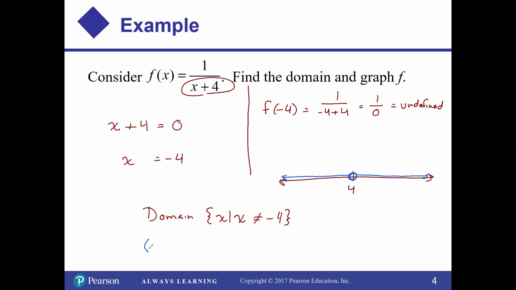So my domain covers from negative infinity up to -4, then we go to the other side, -4 to infinity. We put a union in between to signify that these two sets go together to represent my entire domain.